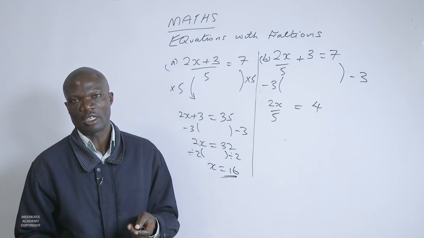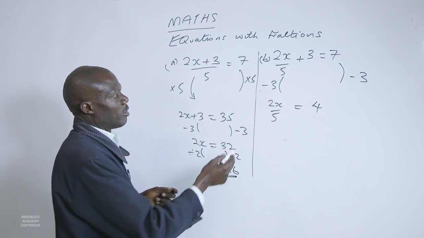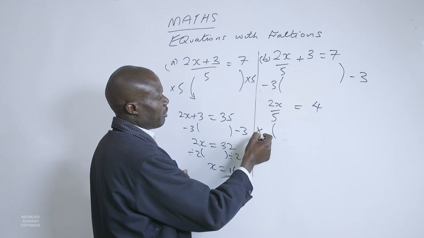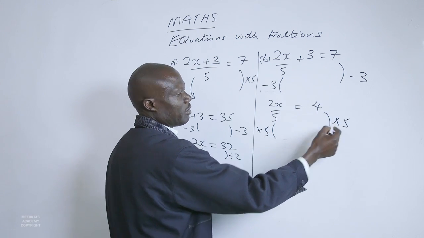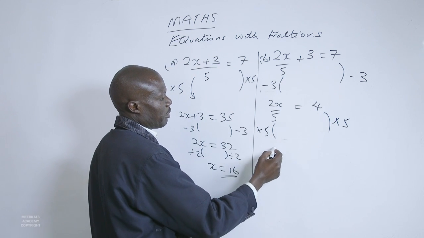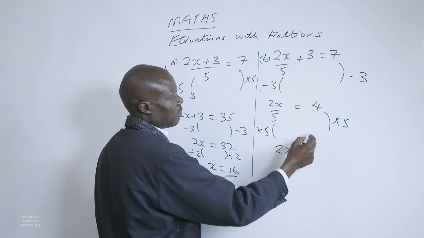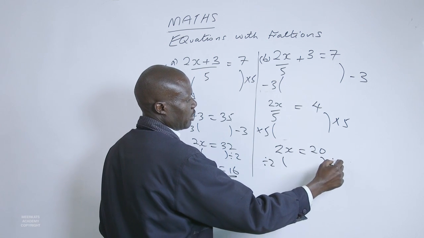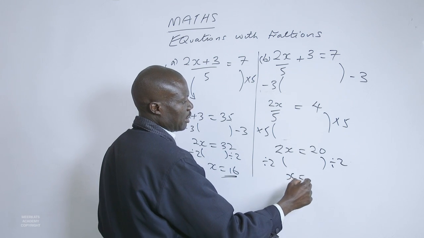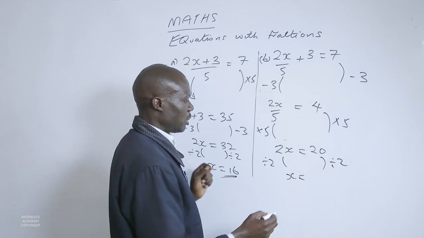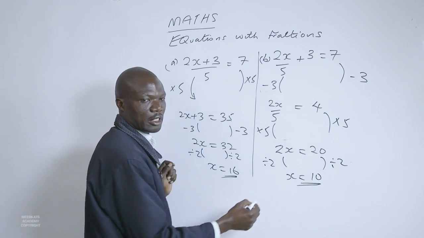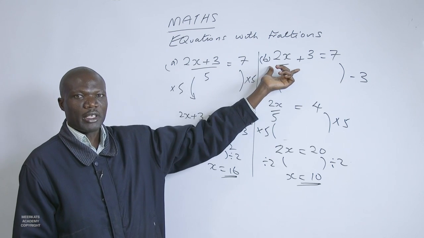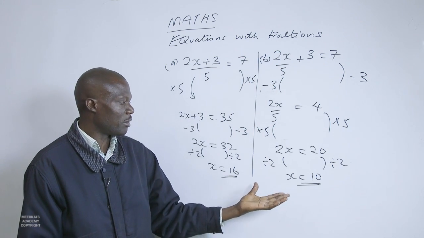So you have your answer there as 16. But for the other one, having reached here, you are required to multiply by 5 on both sides, so 2x is equal to 20. And dividing by 2 on both sides, you find that x is equal to 20 divided by 2, which gives us 10. So you see where we started and where we've arrived.